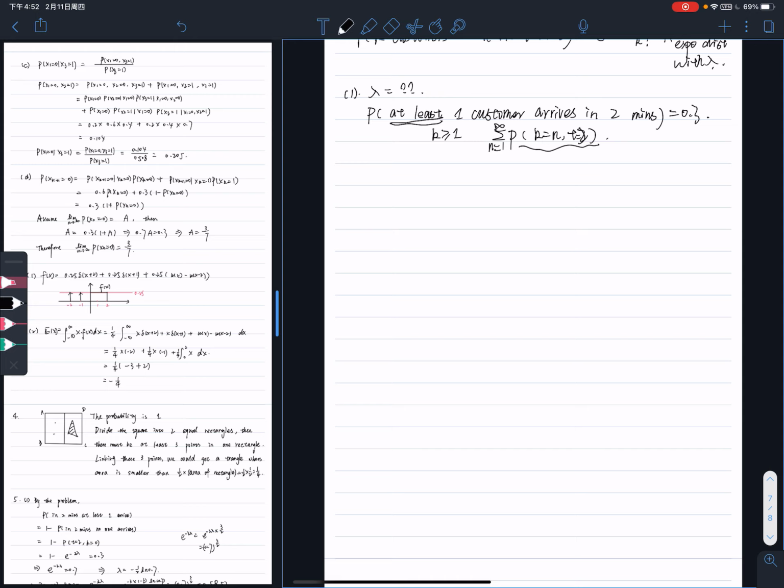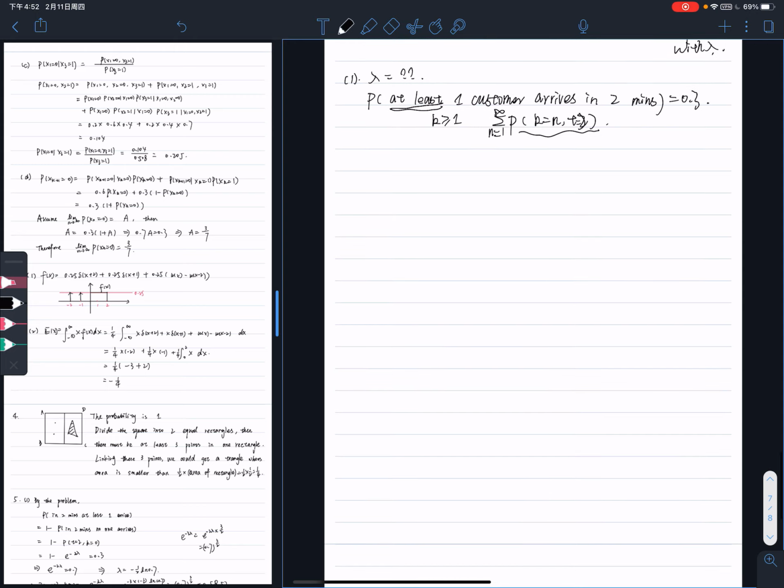So we can compute the converse of this event. If at least one arrives, then the converse is nobody arrives. So the probability of 0 customers arriving in 2 minutes is equal to 0.7.